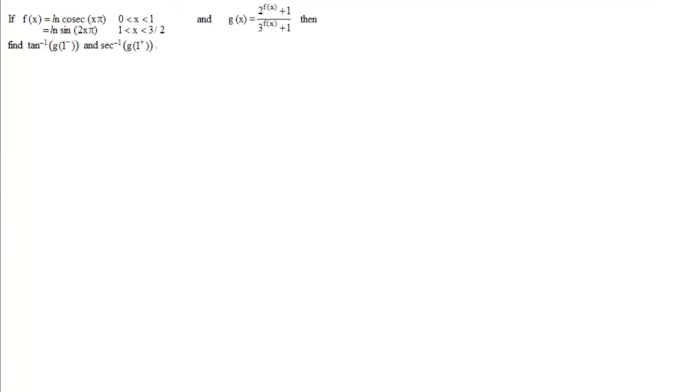Now in this question, we are given fx and gx, and we need to find tan inverse of g1 negative. Now if we look at g1 negative, that means it will be equal to 2 f1 negative plus 1 upon 3 f1 negative plus 1, and when x is less than 1, it is this log.